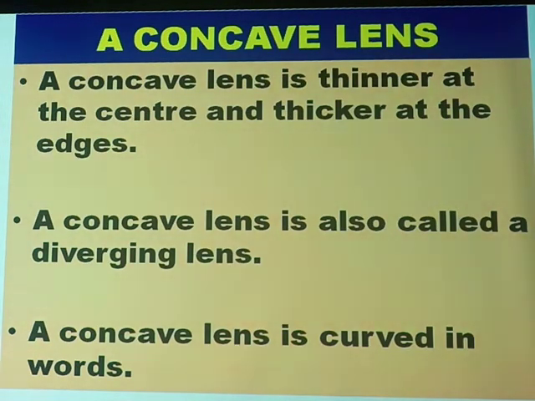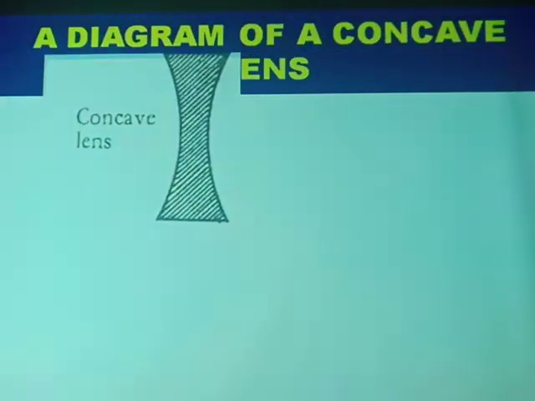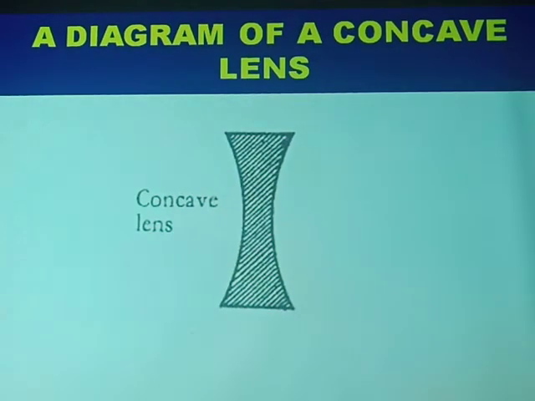Are we there? There, you can see a diagram of a concave lens. When you look at the diagram, you find that it is curved inwards at the sides, compared to a convex lens which is curved outwards.